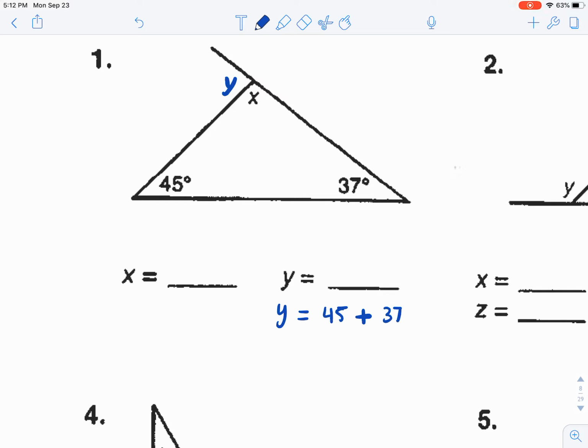When we add 45 and 37, what do we get? 82 degrees, if I can add correctly.